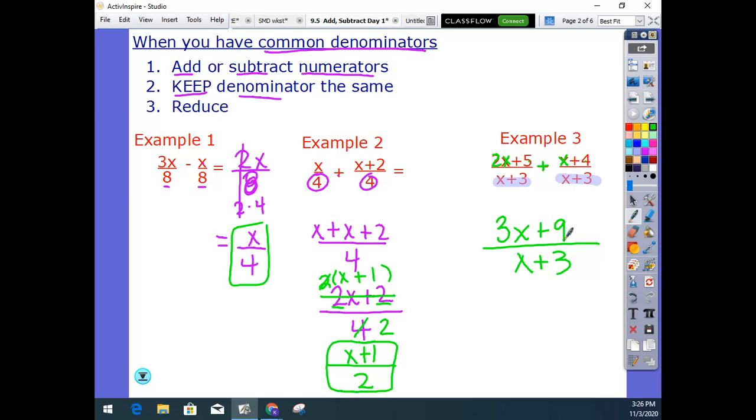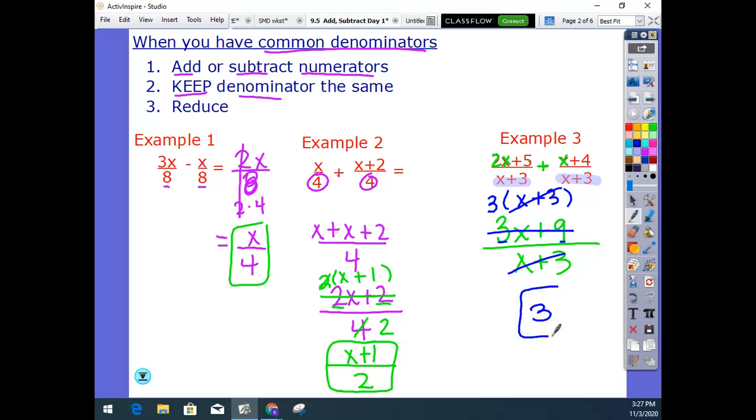Can I simplify? There's a GCF in my numerator. I can factor out a GCF of 3. Now I have a common factor of x plus 3. Final answer, 3.